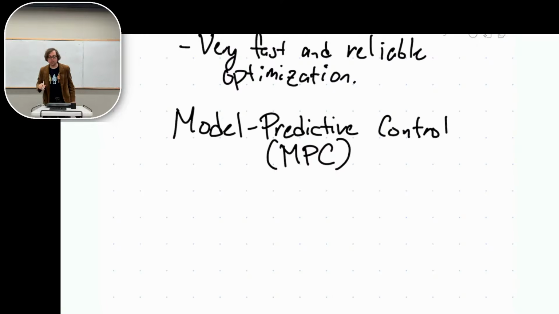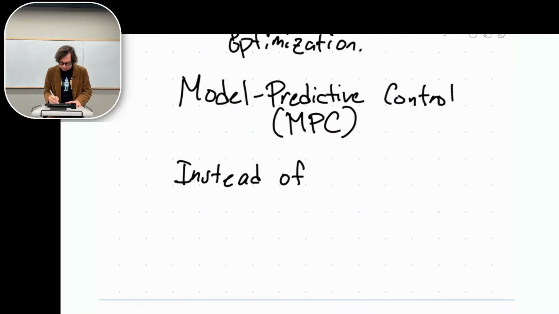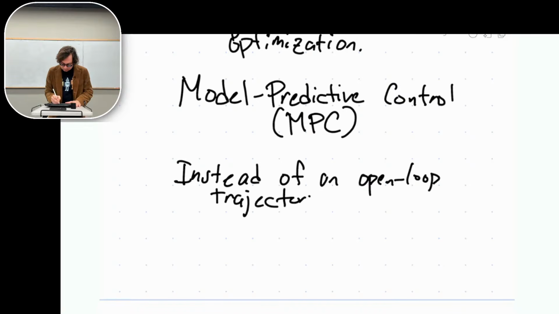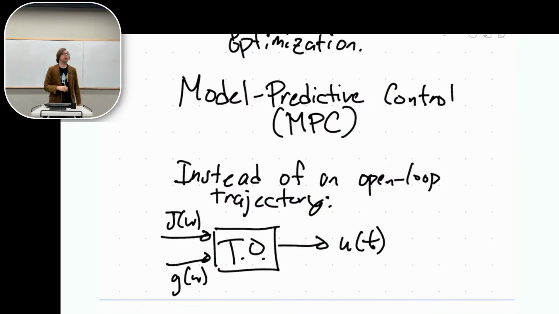Okay? And the idea is that instead of an open loop trajectory, which is what a trajectory optimization will give you, if you give it a set of constraints, a cost function, and constraints, it'll give you some input trajectory u of t.